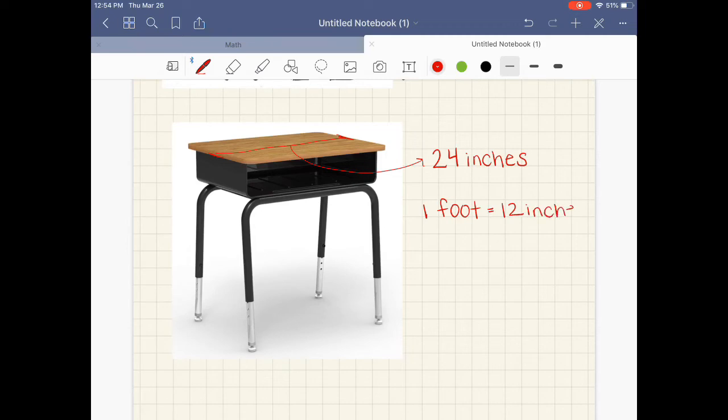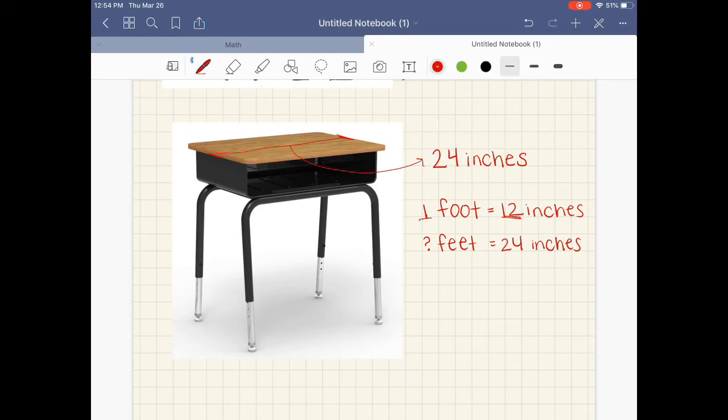So I'm going to use that number 12 to help me figure out how many feet 24 inches is equal to. That's what I need to know. If 1 foot is equal to 12 inches, how many feet is equal to 24 inches?